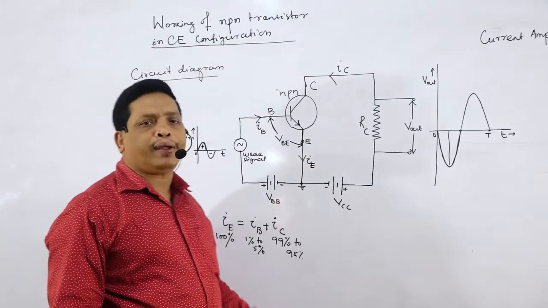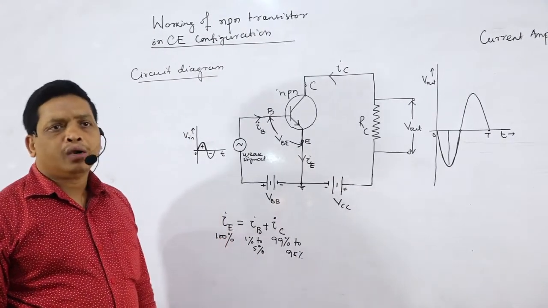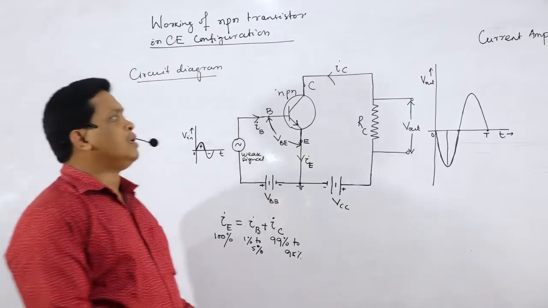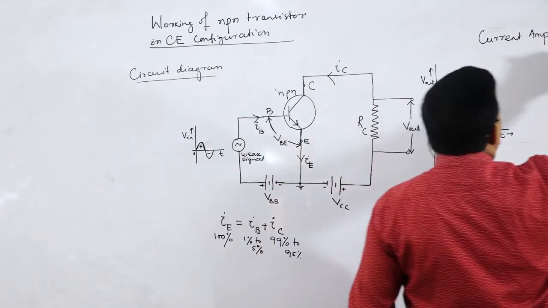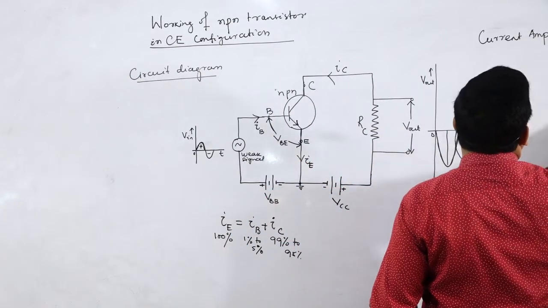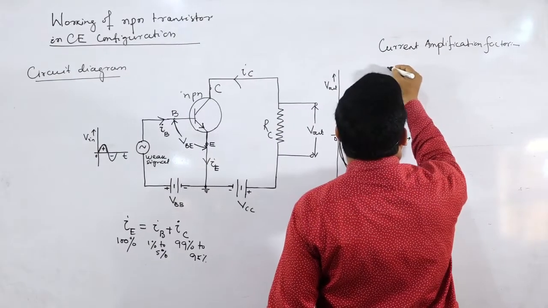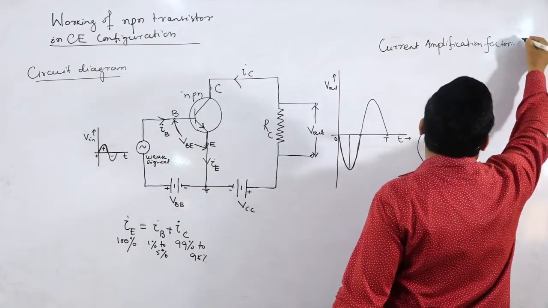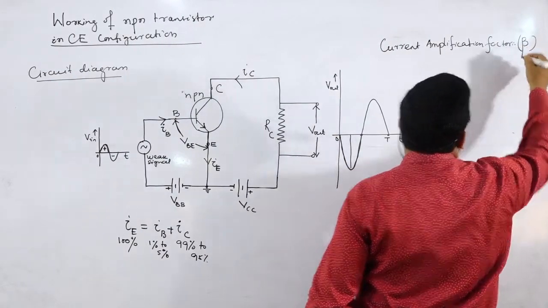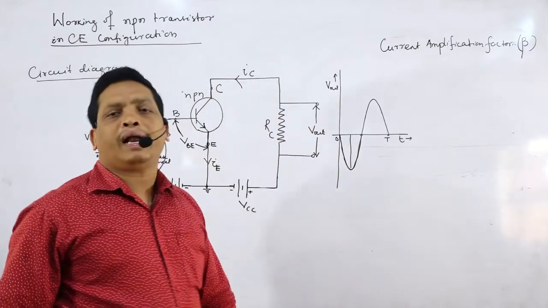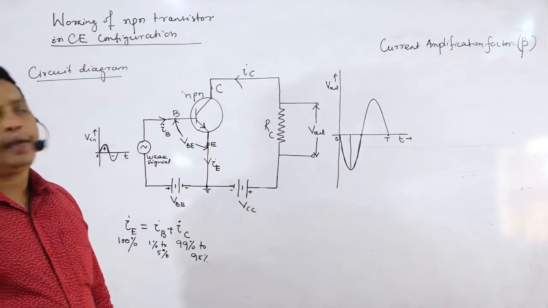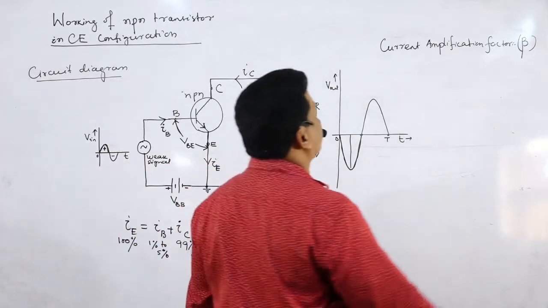Here, the current amplification factor in common emitter configuration is denoted by the symbol beta. So beta is the symbol representing current amplification factor in common emitter configuration.